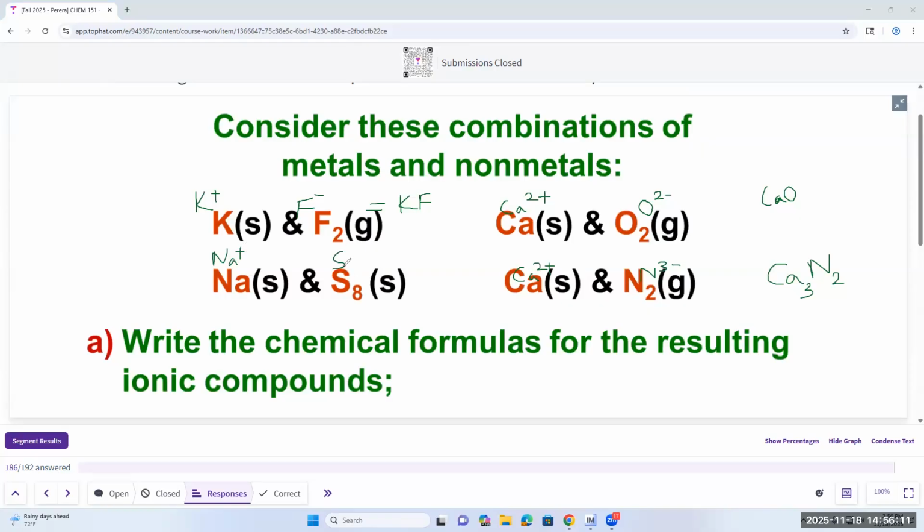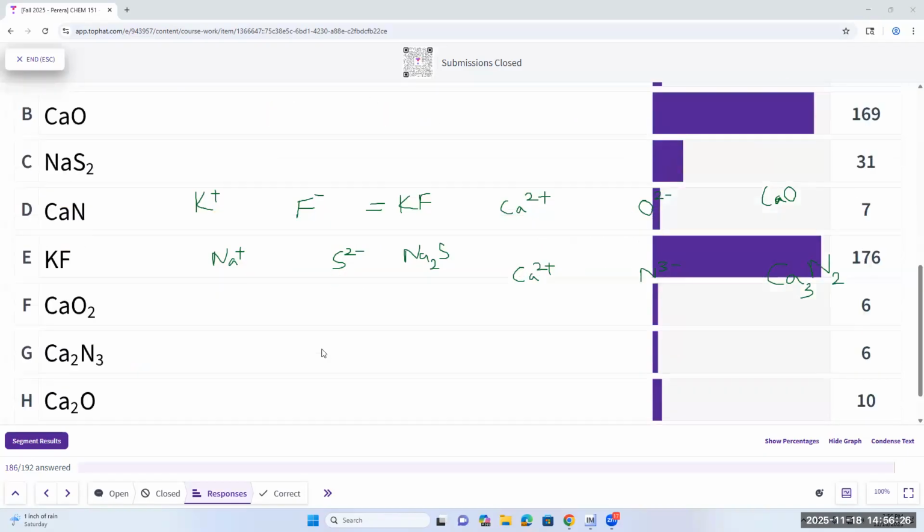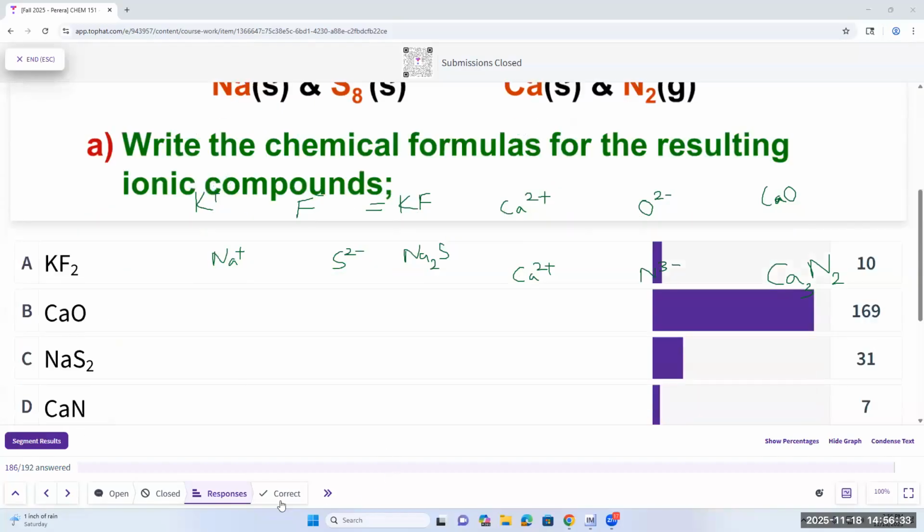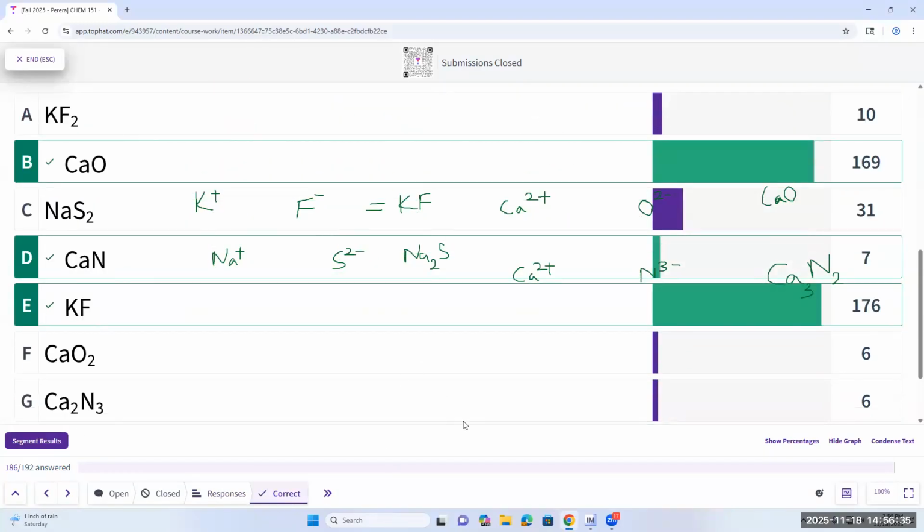From sulfur S8, we are going to get sulfur atoms. Sulfur is in group 6, therefore it's going to form -2. Therefore, to neutralize one sulfur, we're going to need 2 sodiums. Therefore, the chemical formula must be Na2S. But none of the options are Na2S. Therefore, we should not have picked C. C cannot be our answer. It has to be Na2S. Therefore, that answer is incorrect.